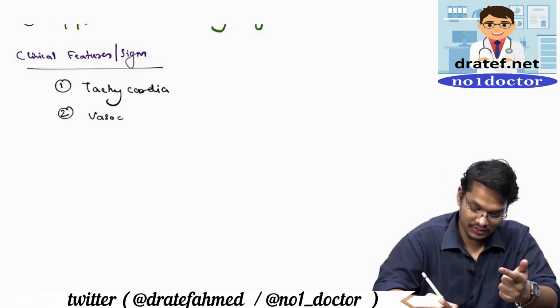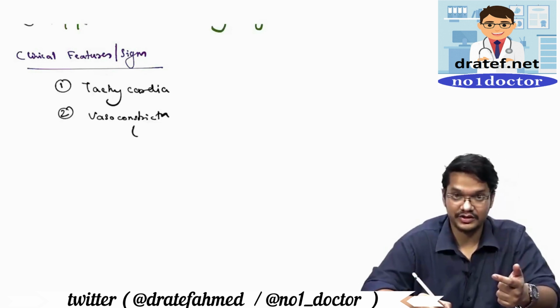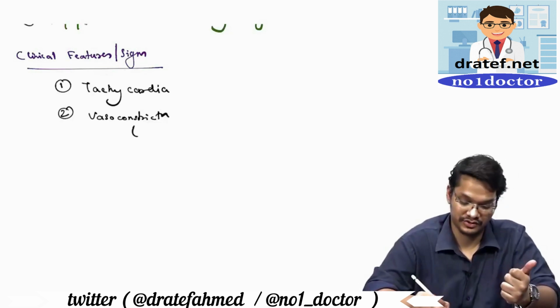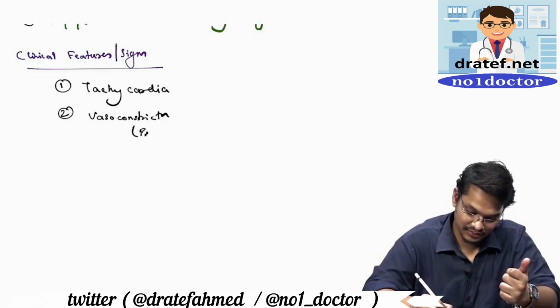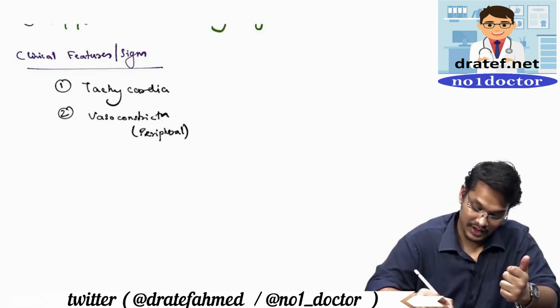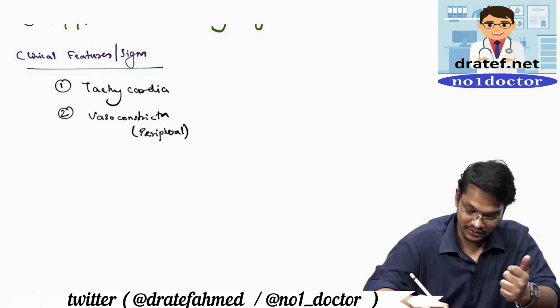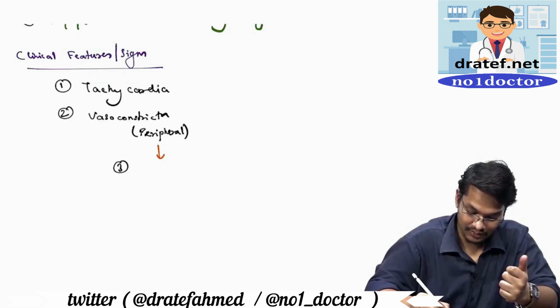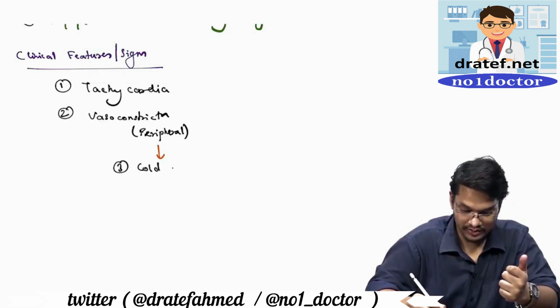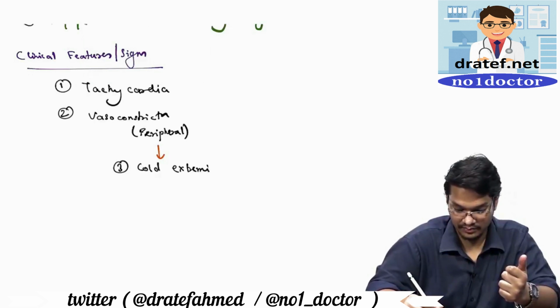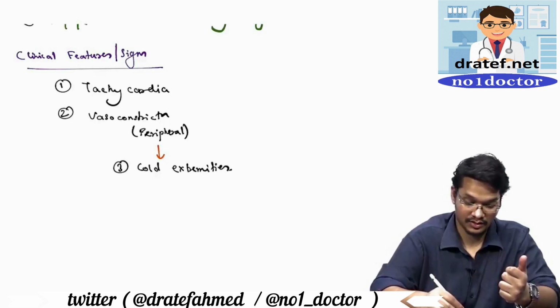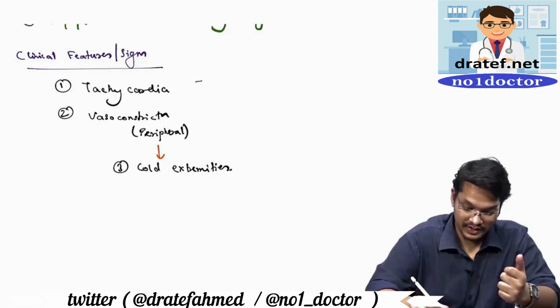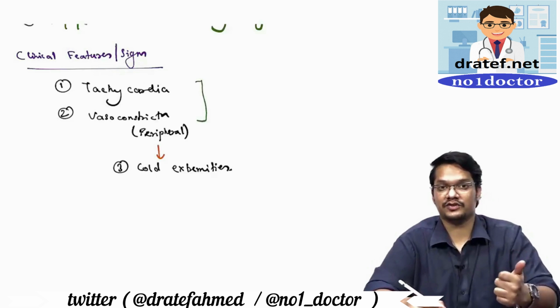Okay, and the vasoconstriction is preferentially peripheral vasoconstriction. This peripheral vasoconstriction will lead to cold extremities. Now, why do tachycardia and vasoconstriction occur in a patient of shock?